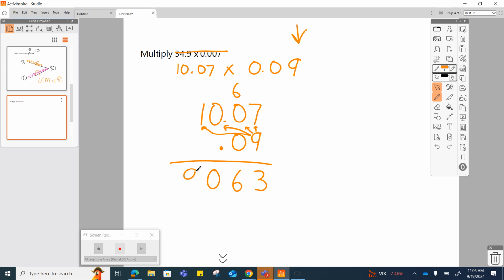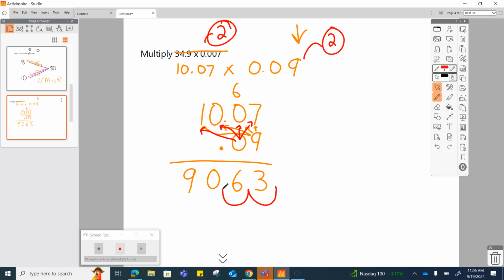The next step would be multiplying 0, but since 0 times 0 is 0, there's really nothing to do there. So now I need to figure out where to put my decimal. There are 2 digits behind the decimal here, and there are 2 digits behind the decimal here. So I would move this 1, 2, 3, 4.